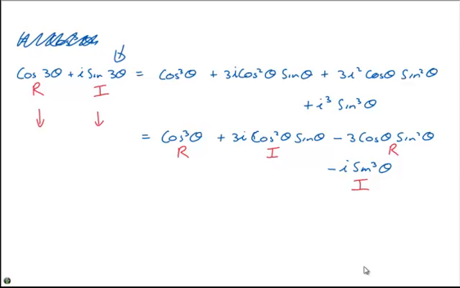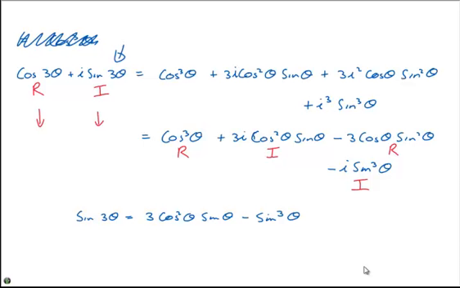So we can equate coefficients, or in other words, reals with reals, imaginaries with imaginaries. I'm only going to concentrate on the imaginary parts, and I'm going to say that the sine of 3 theta is equal to, you'll notice I'm going to drop out the i's because I did on the left hand side, 3 cos squared theta sine theta minus sine cubed theta.